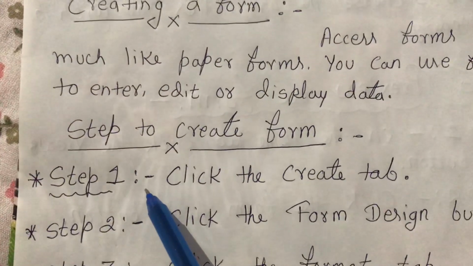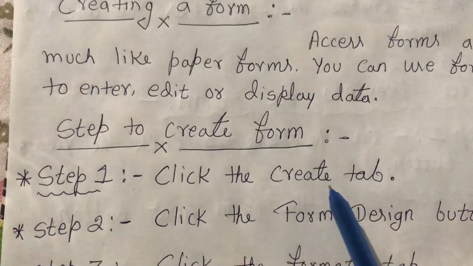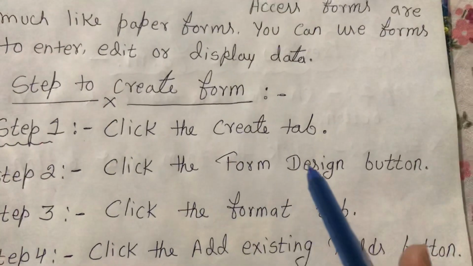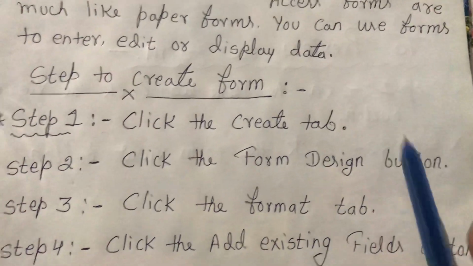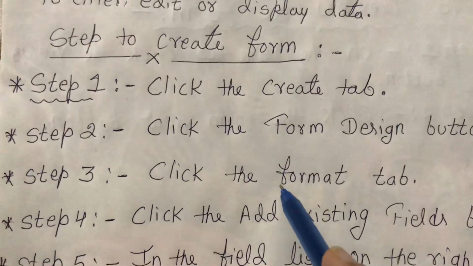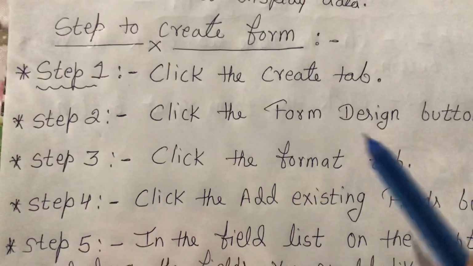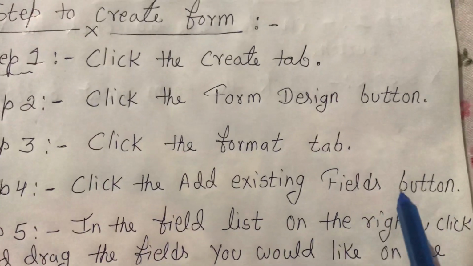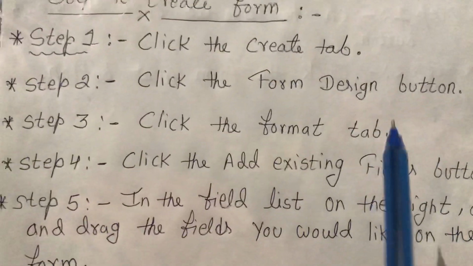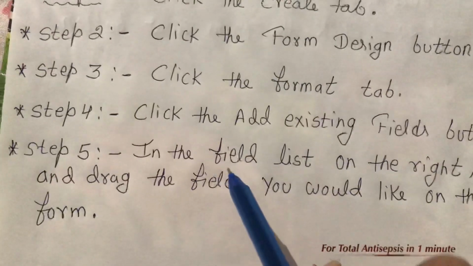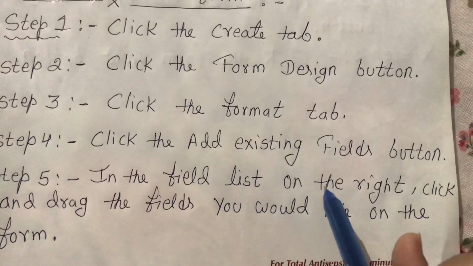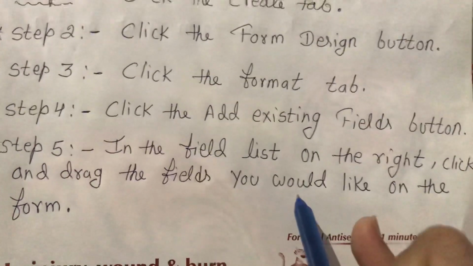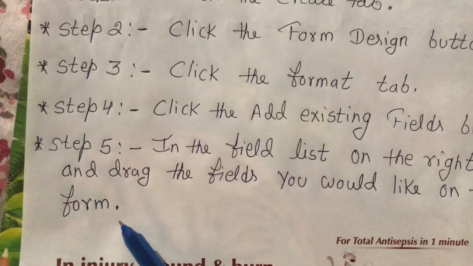In step number 1, click the Create tab. In step number 2, click the Form Design button. Step number 3, click the Format tab. Step number 4, click the Add Existing Fields button. In step number 5, in the field list on the right, click and drag the fields you would like on the form.